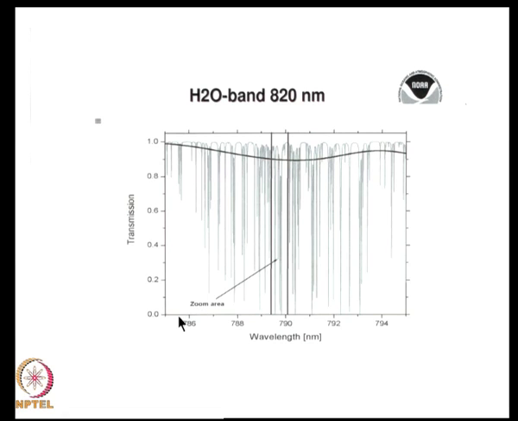So, there is a rapid transition between opaque to transparent to opaque, and if you use a very crude resolution, you will get this figure which is shown here, and that can sometimes give misleading answers. So, for accurate estimate of fluxes, it is important to use as high a resolution as is practically feasible.